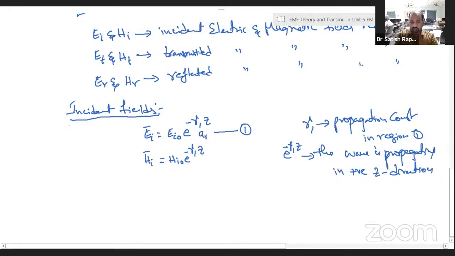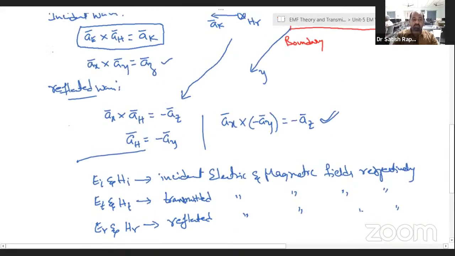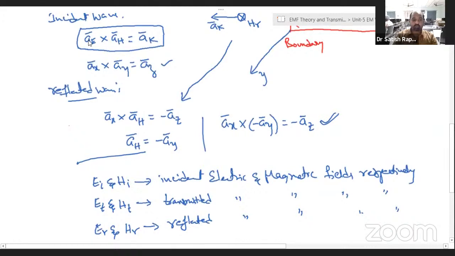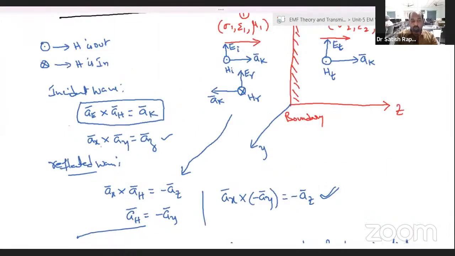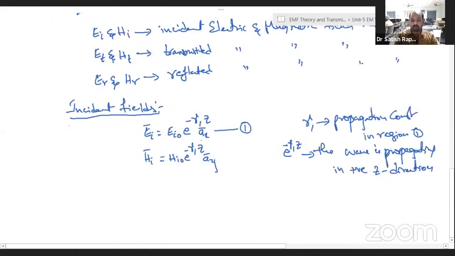And one more thing, Ax bar: the electric field is directed along x, and the magnetic field is directed along y, right? So here Ax bar for the electric field, and the magnetic field is along y.